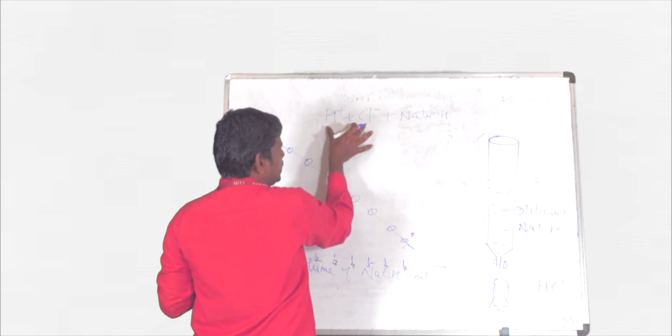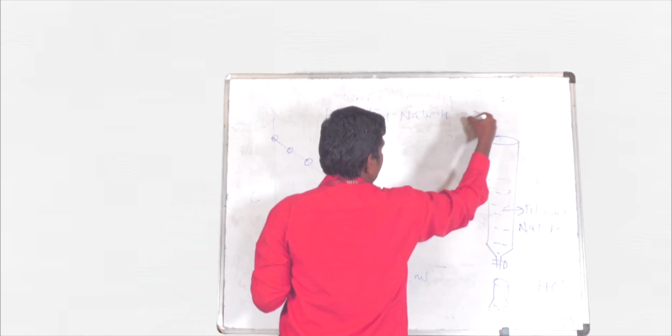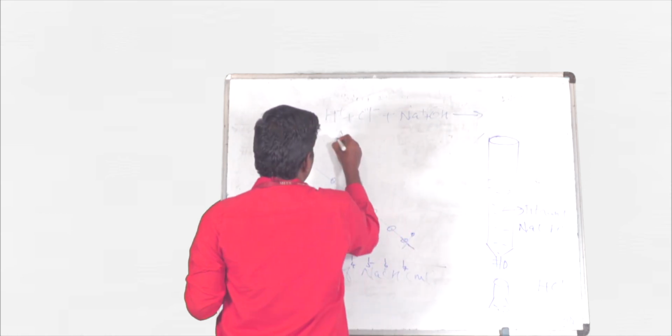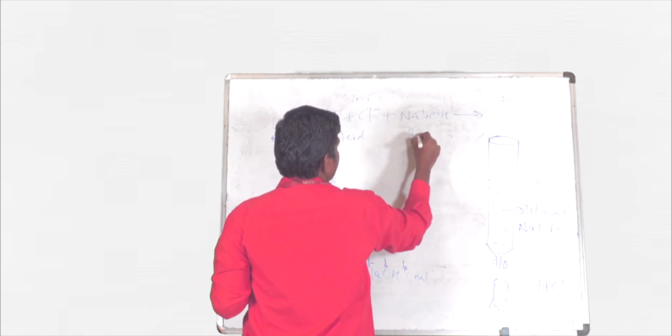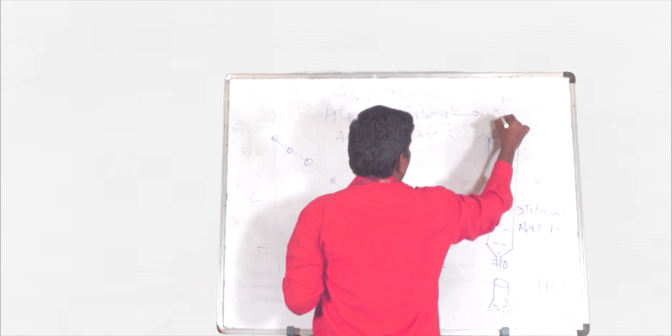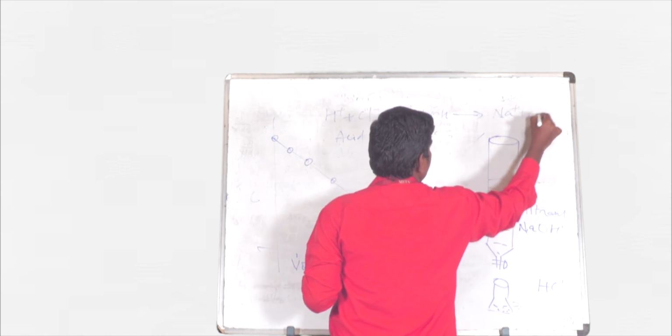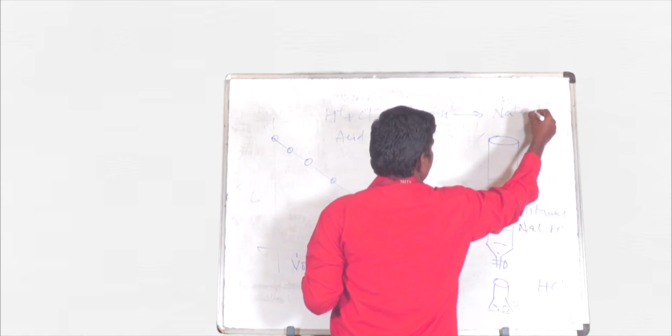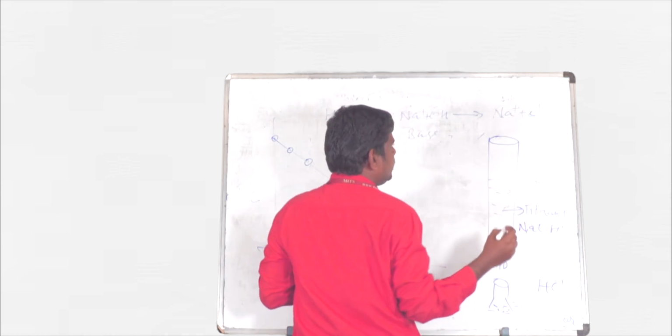This is also a strong acid. They will exist as ions in the solution. Once they react, this acid and this base will lead to the formation of the salt, which will exist as Na plus and Cl minus ions.